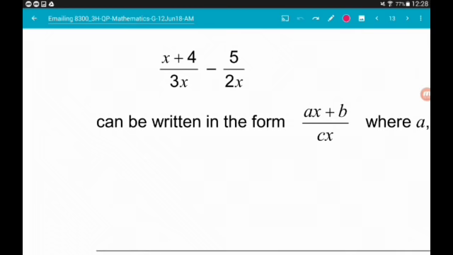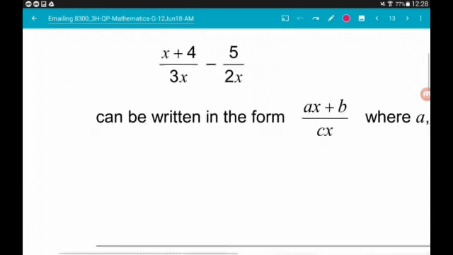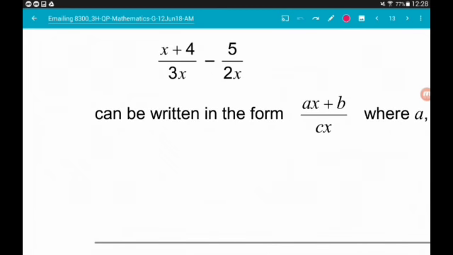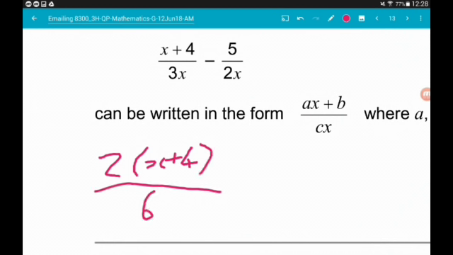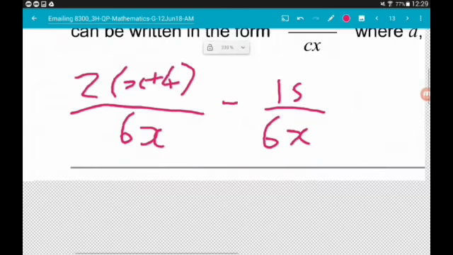So we're going to turn each of the denominators into 6x. So for the first fraction, we're going to multiply the top and bottom by 2. So we're going to get 2 lots of x plus 4 over 6x, minus 3 times 5, which is 15, over 6x.